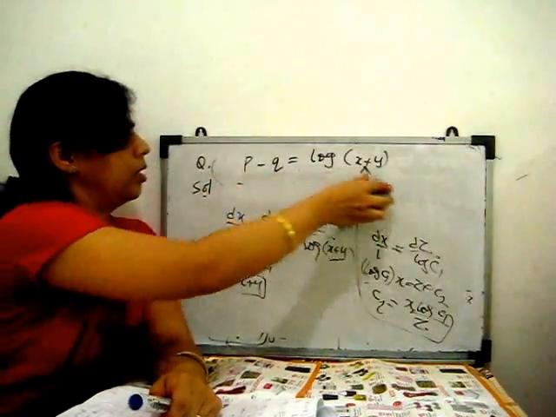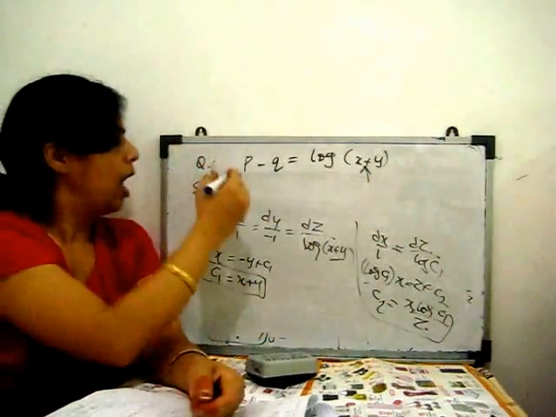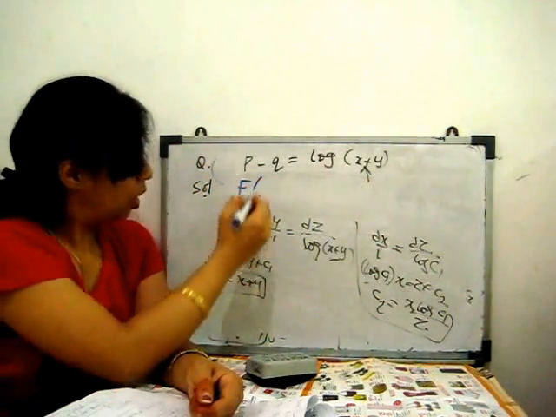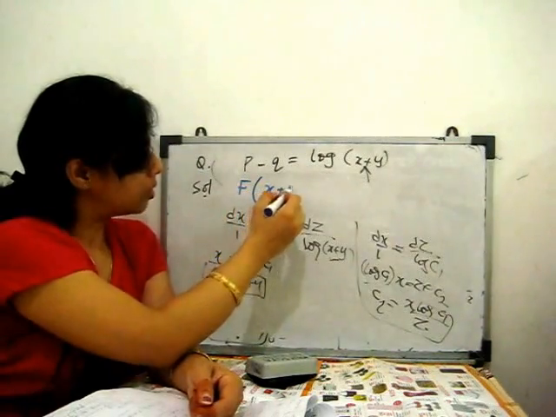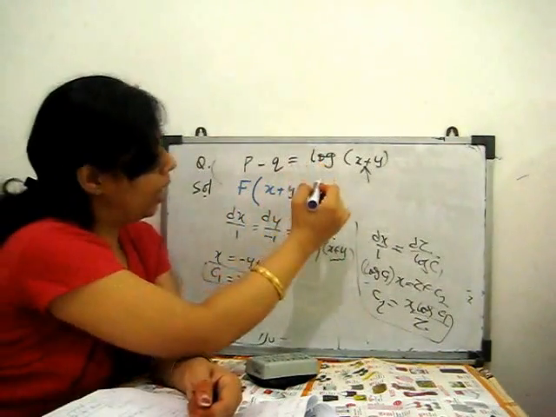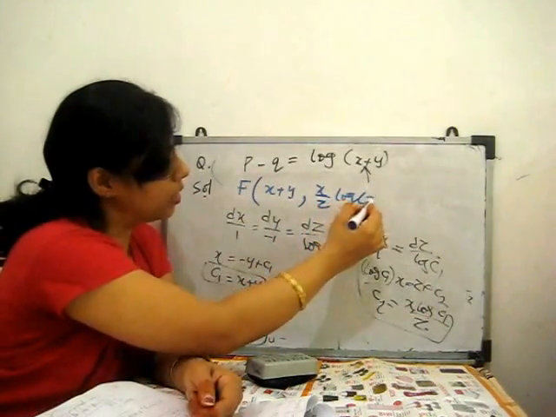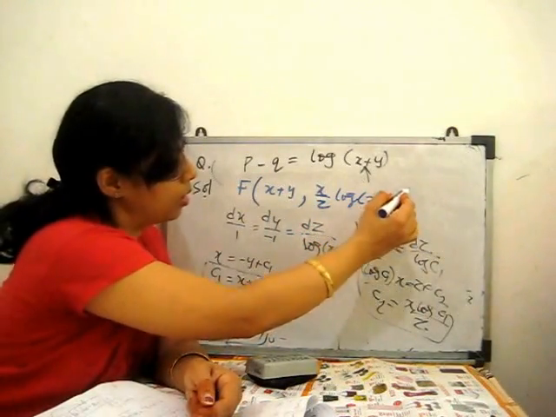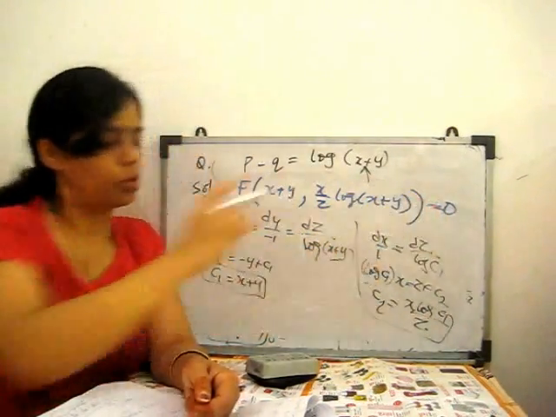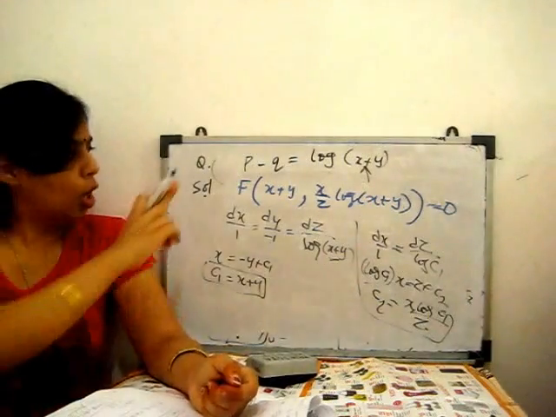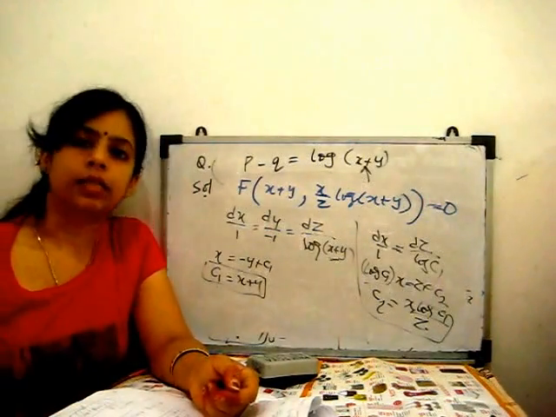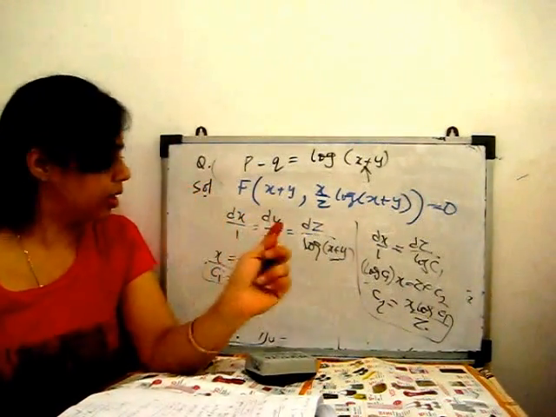So we will write the complete solution: F(x + y, x - z/log c1) = 0, where c1 is x + y. So the complete solution of the given equation is this. It is a little tricky.